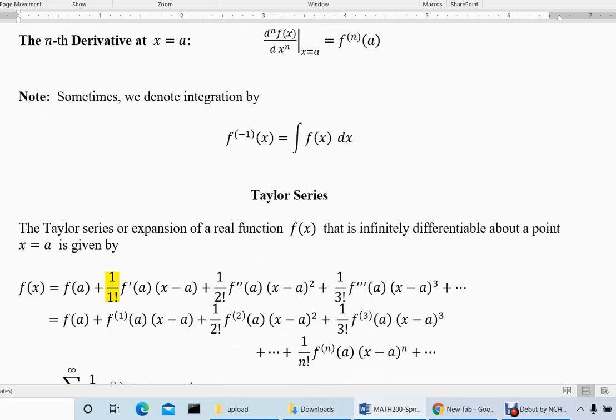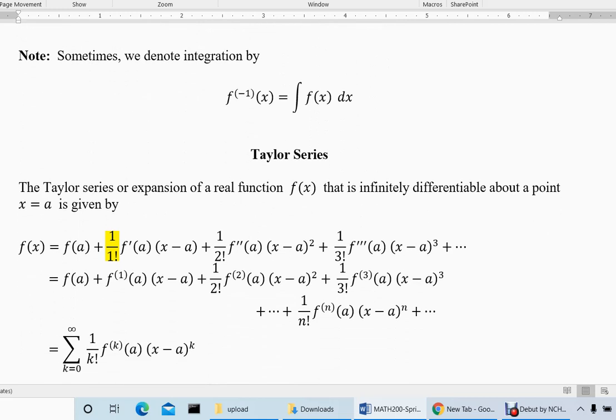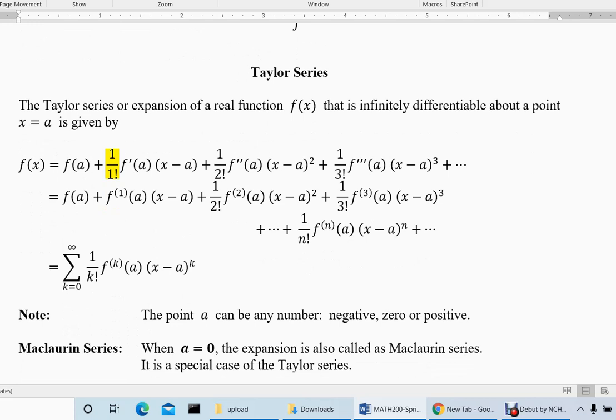Now the main formula for this chapter is the Taylor series. Any function which is infinitely differentiable about a point x equal to a is given by f of x equal to f of a plus 1 by 1 factorial into the first derivative of f at x equal to a into x minus a, plus 1 by 2 factorial, second derivative evaluated at a into x minus a whole squared, plus 1 by 3 factorial.